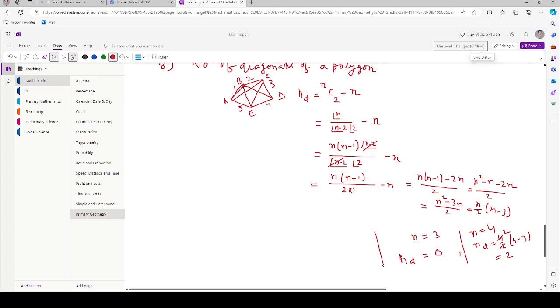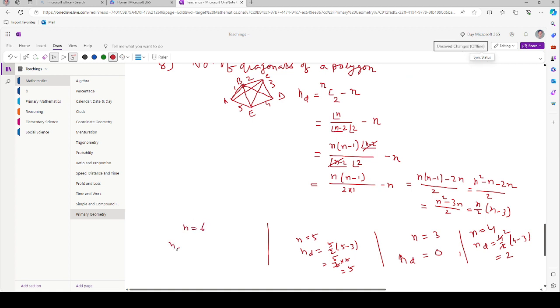For n equals 5, number of diagonals equals 5 by 2 into (5 minus 3), that is 5 by 2 into 2, that is 5. Okay. For hexagon, n equals 6.